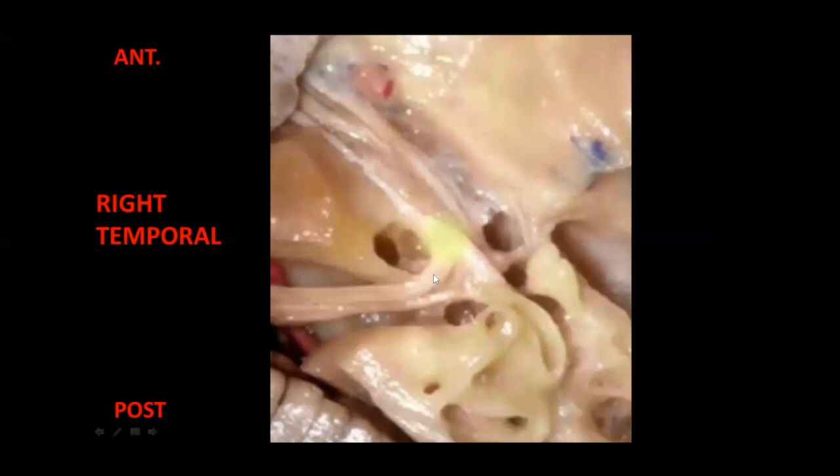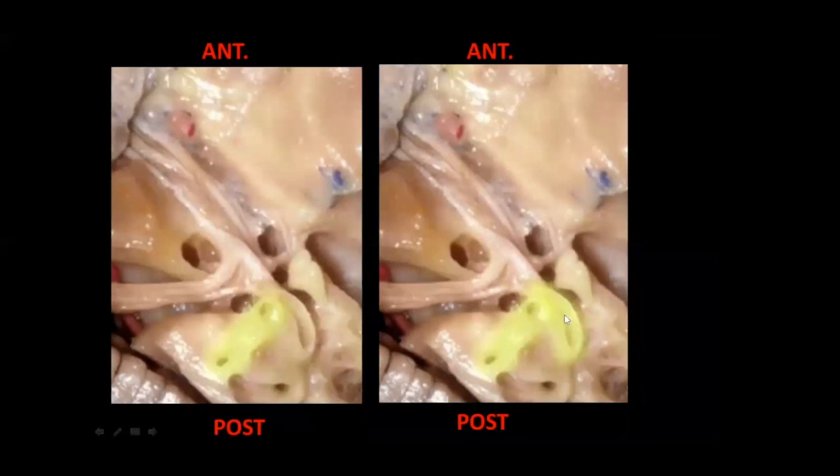Nerves coming in from the meatus, the labyrinthine segment, geniculate ganglion, greater superficial petrosal nerve, and the tympanic part in relation to the lateral semicircular canal. These are the semicircular canals, superior, lateral, and posterior, and the tympanic part is related to the lateral semicircular canal.